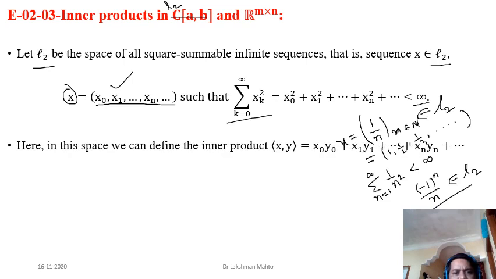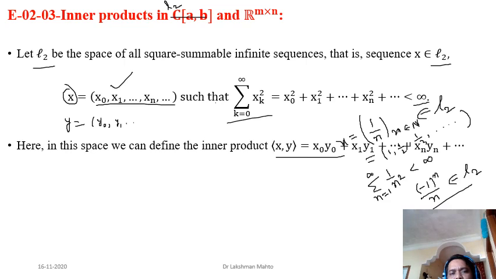So it defines an inner product. Here it is a linear space, so we can define an inner product. What is the inner product? You just define the inner product component wise. That means if you are taking two sequences, x is the first sequence having explicit form x0, x1, like this way, and y is another sequence having explicit form y0, y1, and likewise it will go on.